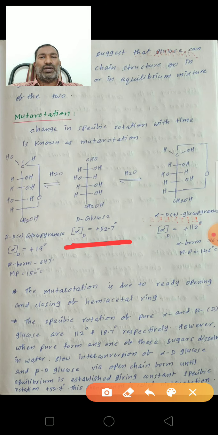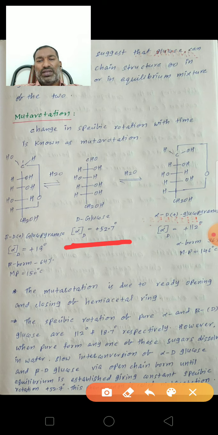This is mutarotation, the change in specific rotation with time. Here the specific rotation changes from plus 52.7 degrees to plus 112 degrees, and from plus 52.7 degrees to plus 19 degrees. Change in specific rotation with time is known as mutarotation.